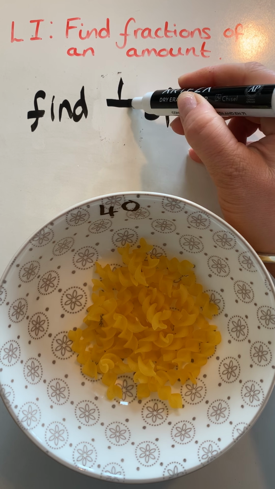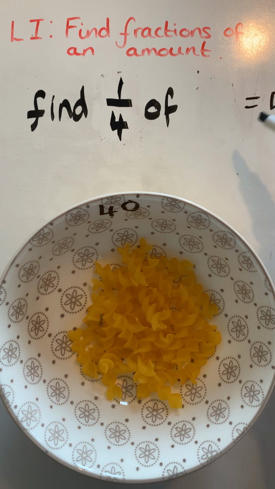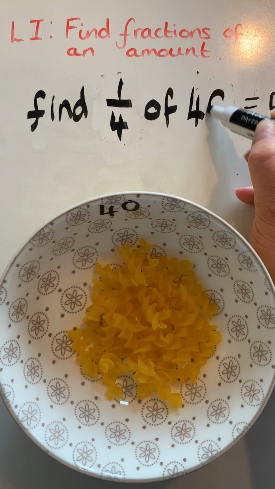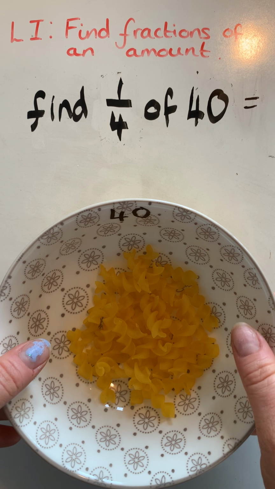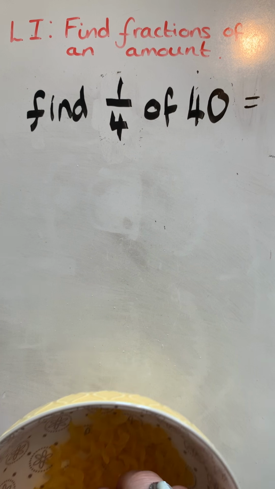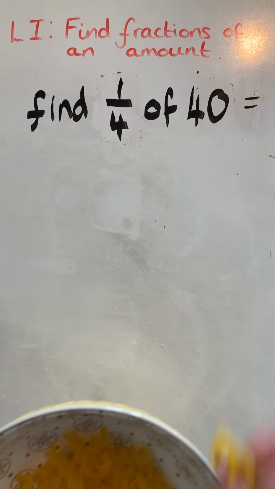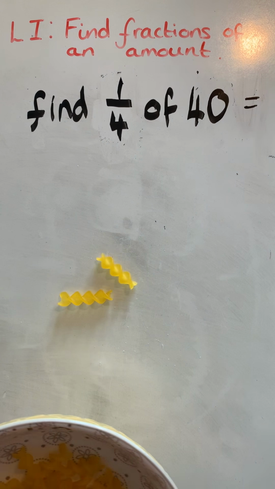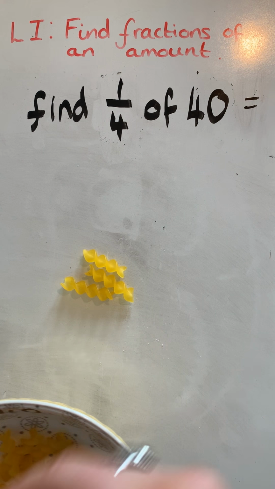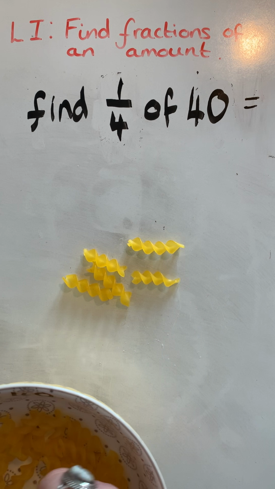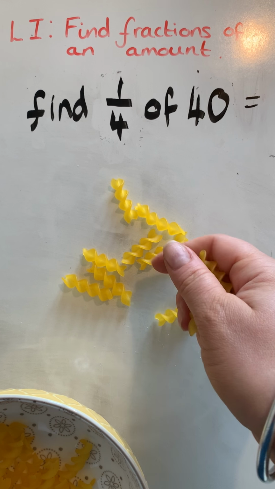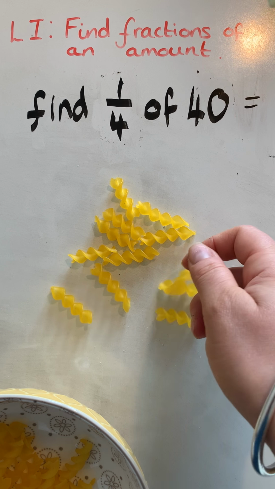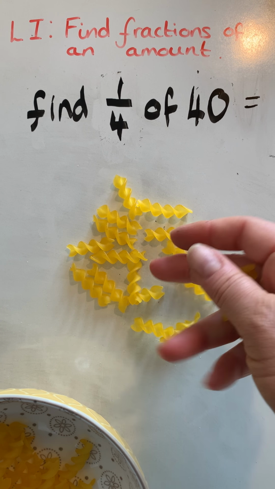So 1/4 out of 40. Okay. So we've got 40 pasta shells, so I'll count them now, just so you know that we've definitely got 40. 1, 2, 3, 4, 5, 6, 7, 8, 9, 10, 11, 12, 13, 14, 15, 16, 17, 18.